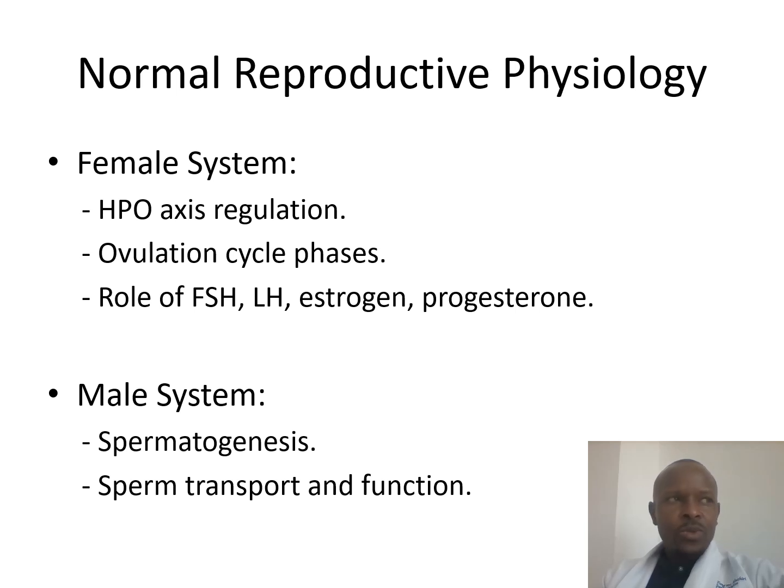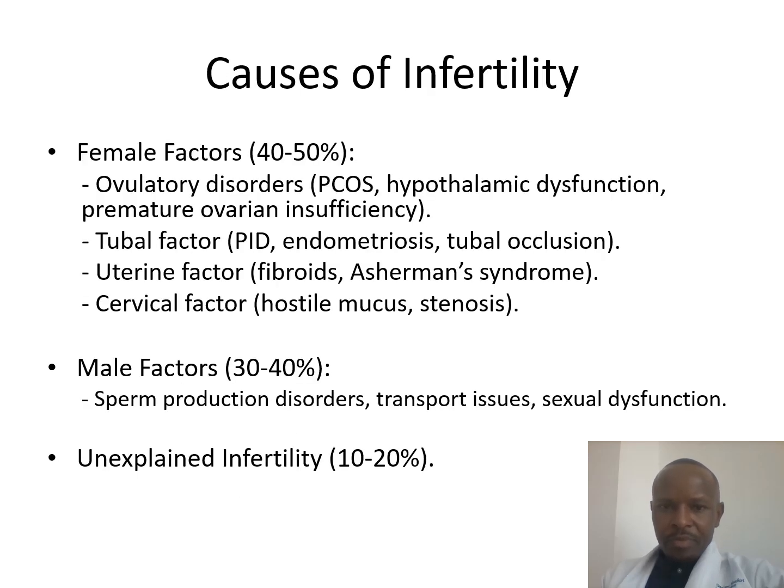Of course, you need to understand for the male spermatogenesis and sperm transport, including anatomy of the male reproductive system. Like I said, this is a short overview lecture, so I'm not going into much detail, because we'll go into these details later.